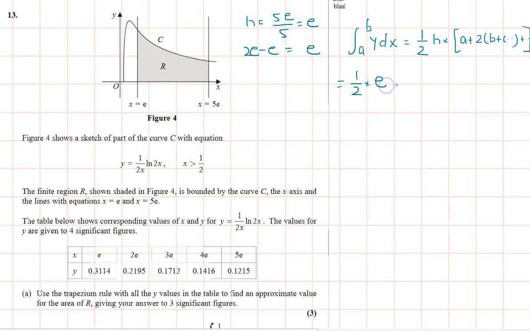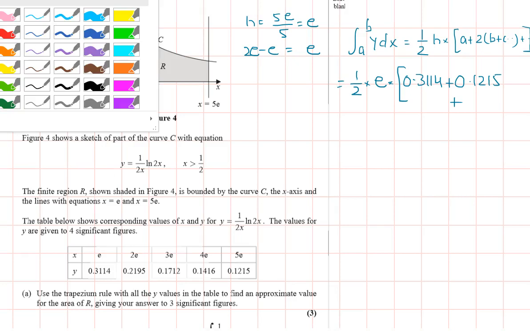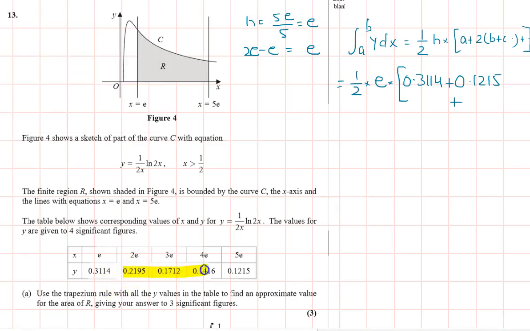So h is e. This one is 3.114. Last one is 1.215. Plus we add these values and multiply it by 2.